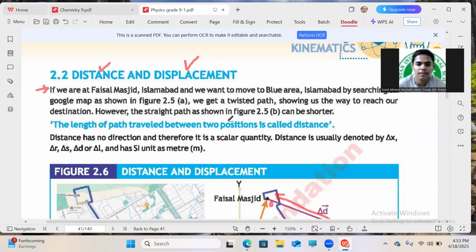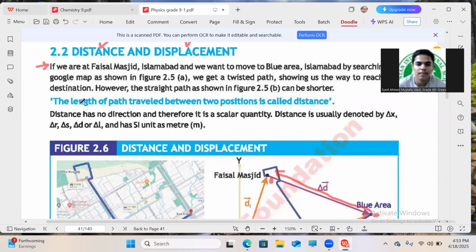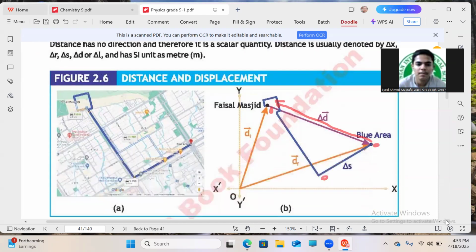However, the straight line path, as shown in figure 2.5b, can be shorter. The length of the path traveled between two positions is called distance, as shown in figure A.